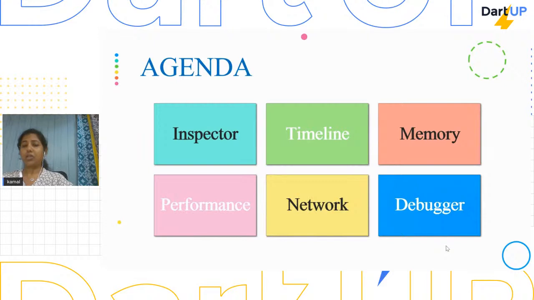Sometimes, as I mentioned, you know how to develop an app and get it onto the device. But have you ever looked into leakages or network delays, or why you're getting that janky performance, or how to solve it? This is where your Dart tool really helps you.